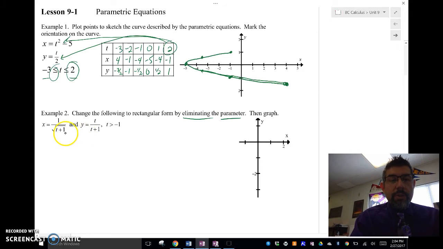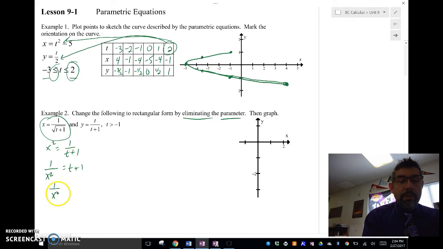So really what we're going to do is solve for t in one of these, and the easiest one to solve for t in is this one. So we're going to do x squared equals 1 over t plus 1, because I squared both sides. All right, so that's going to be 1 over x squared equals t plus 1. And I'm just going to subtract 1 from both sides, and I get t.